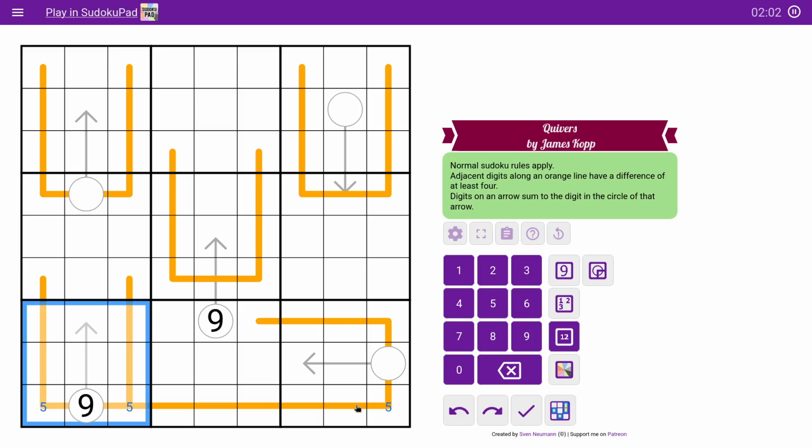Where can 8, 7, and 6 be in this box? Not here. At most one of these, at most one of these, and at most one of these. Where can 9 be in this box?